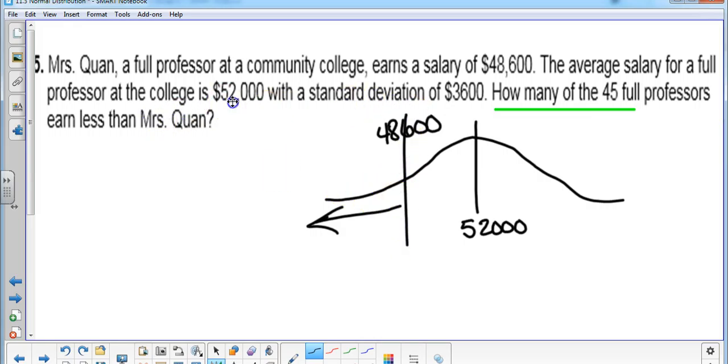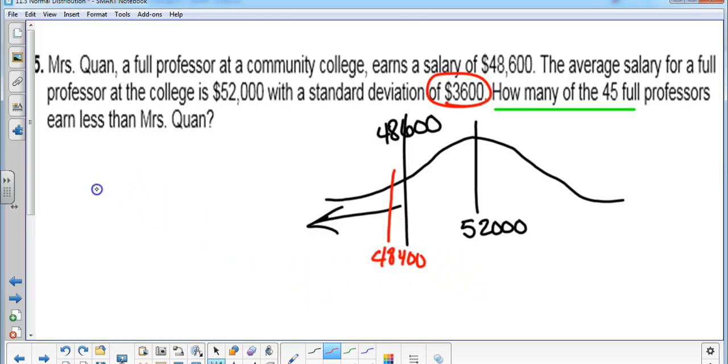This is not necessarily on a standard deviation line, because the standard deviation is 3,600. If you take 52,000 and start subtracting 3,600, the first standard deviation is 48,400, so she's just above that.